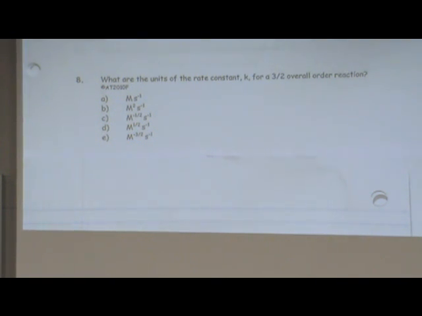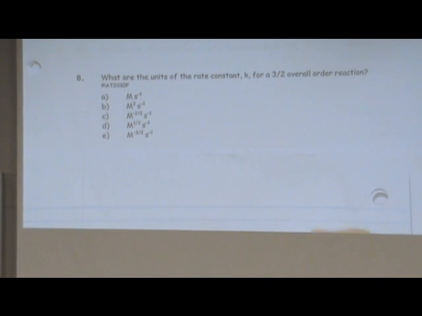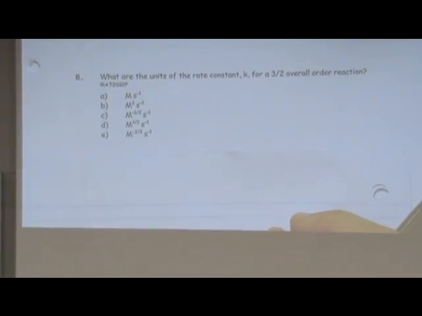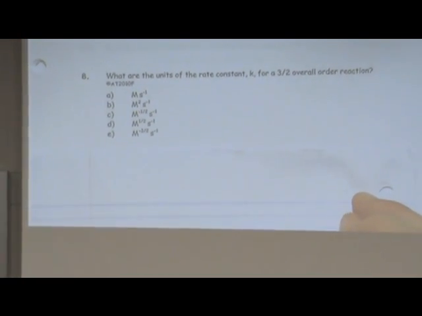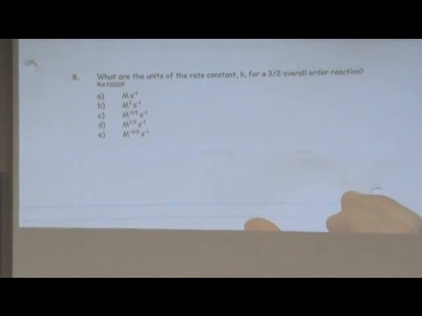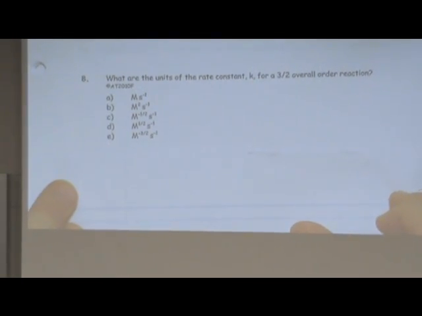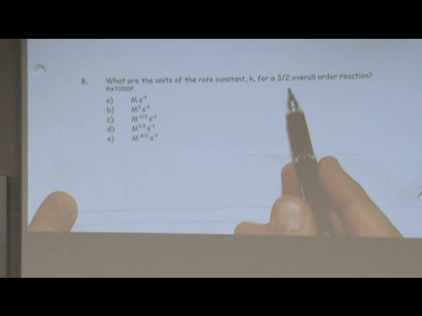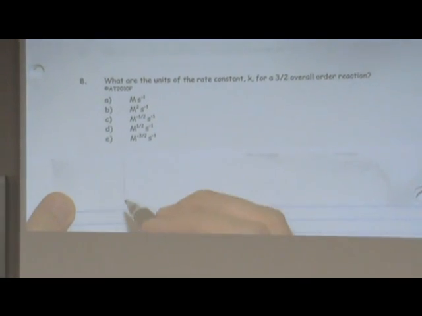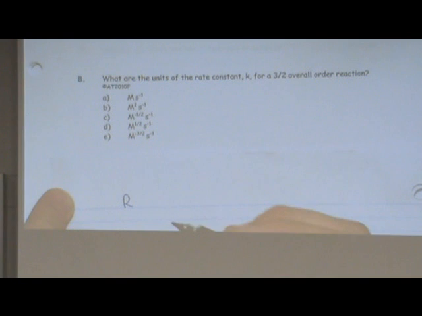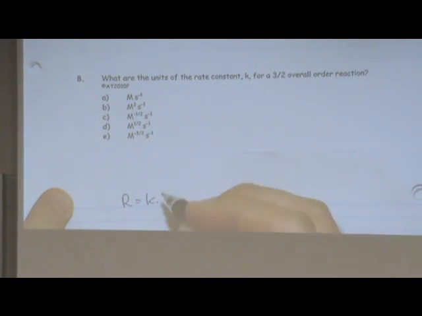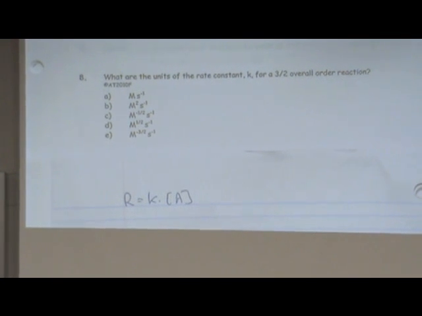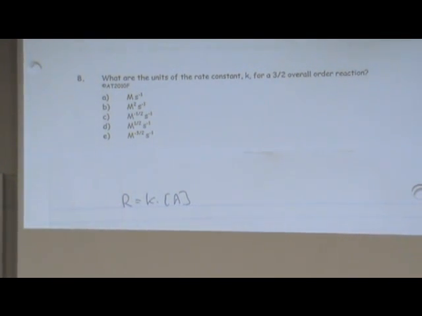Okay, all right. What are the units of the rate constant K for a 3.5 overall order reaction? So we have the rate of a reaction, which is the rate constant times A, in general, and the overall order is 3/2.